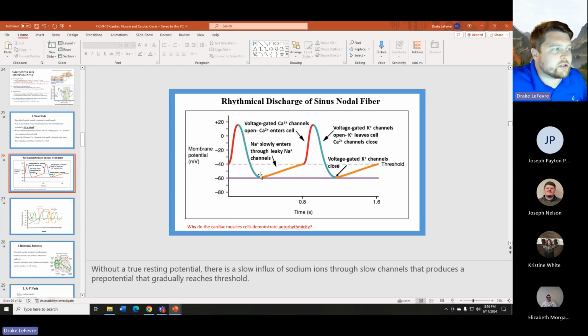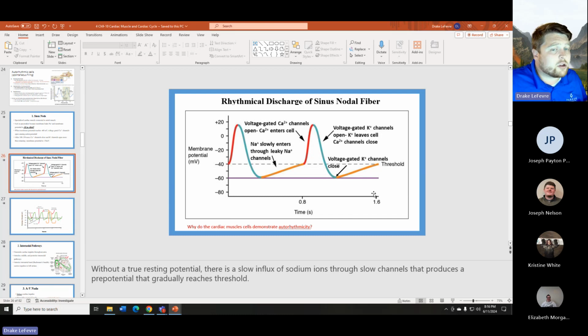These channels slowly let sodium through until it hits threshold. Whereas in skeletal muscle we get voltage-gated sodium channels, within the heart we get voltage-gated calcium channels that open. Calcium rushes in, we get our spike, our depolarization, and then the voltage-gated potassium channels open and it drops back down.